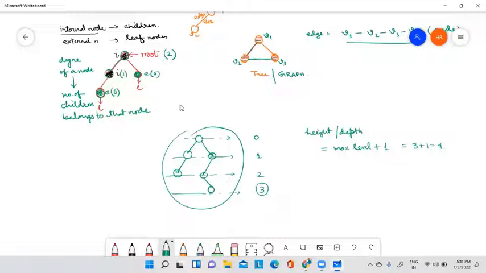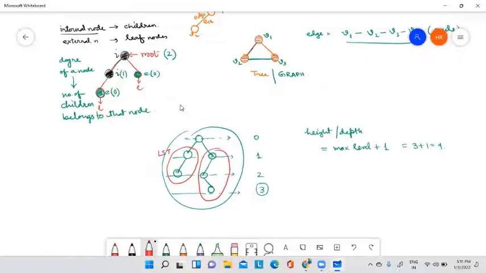Similarly, a tree is always recursive. For this root node, there are two different trees. This is called the left subtree, and this is the right subtree.